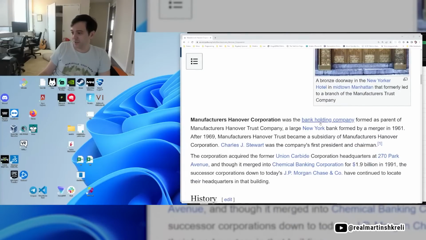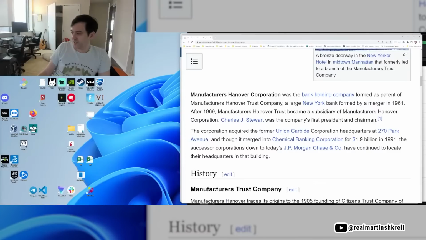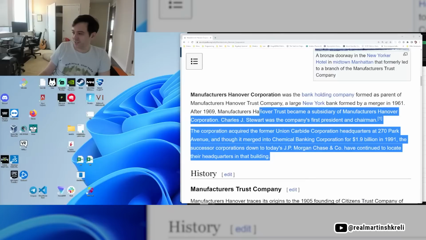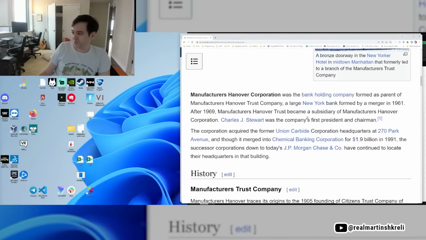So banks were actually quite a bit more diversified over the years. JP Morgan's kind of the successor of this bank, but Manufacturers Hanover Trust was sort of like the big mergers that occurred to create JP Morgan.